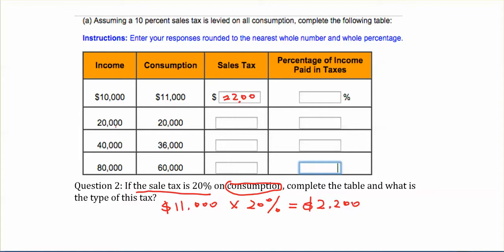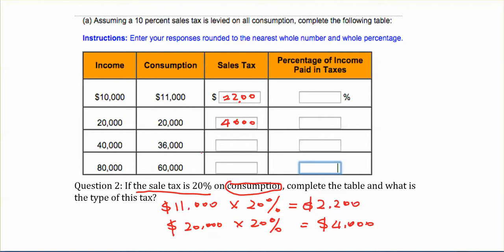And how about the second level income, $20,000, and he spent all the money, so that will be equal to 20,000 times 20%, and we get $4,000. So you can write down the 4,000.